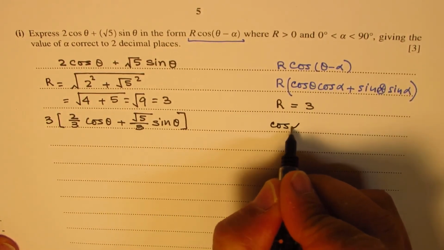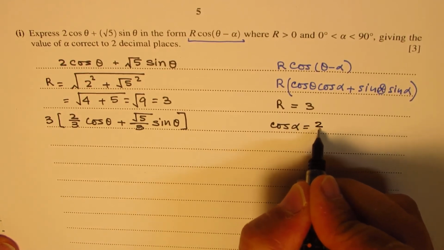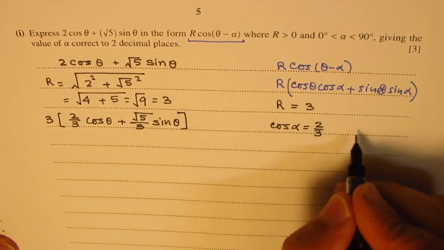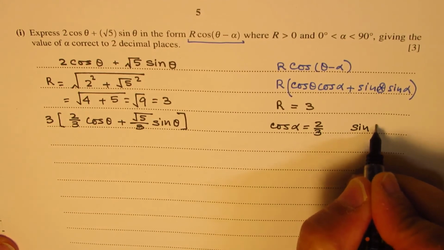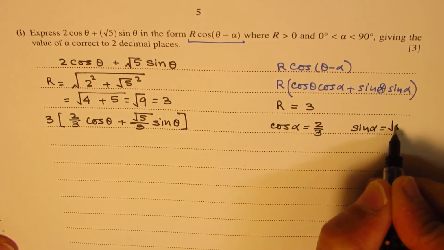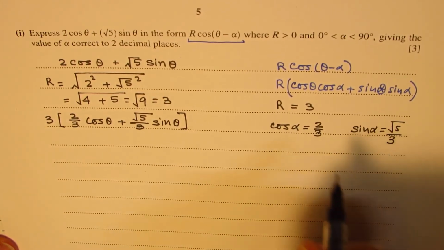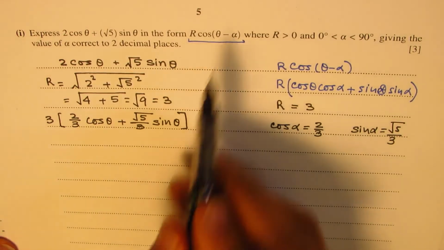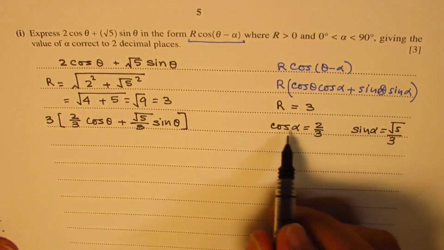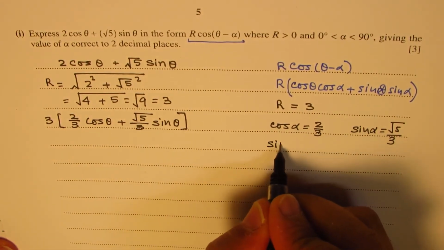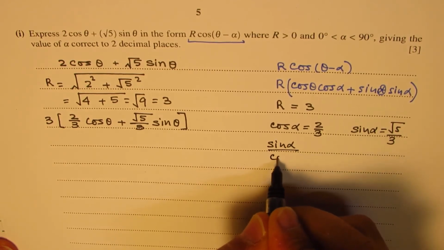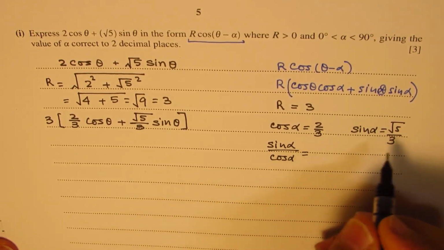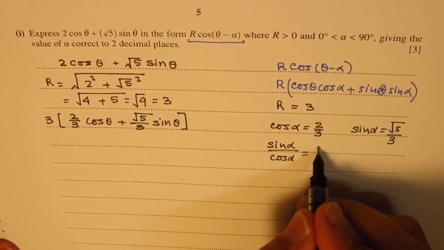So we are looking for cos alpha equals 2 over 3 and sine alpha equals square root of 5 over 3. To get the value of alpha, we'll divide one by the other. That is to say, sine alpha by cos alpha is equal to what? It is tan alpha, right?